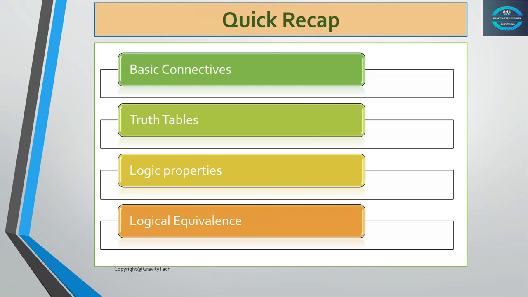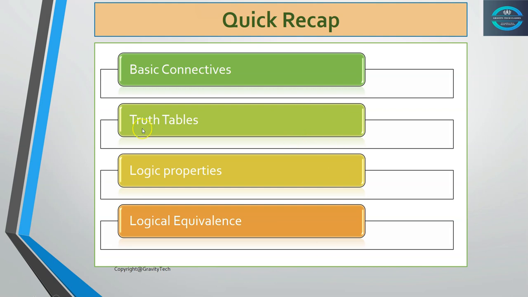Then we saw the truth tables, right? Every statement is going to have a truth value that is either true or false. For a single statement it can be true or false, but if it's a combination of more than one statement, then there will be a compound statement. In that case you need to create the truth tables with all the combinations of possible true and false values.